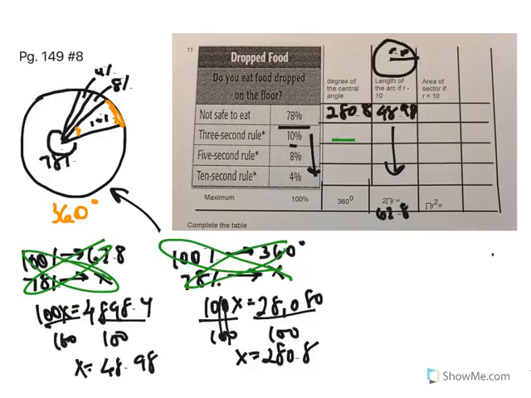Alright, so in this column, it's asking us for the area of the sector if the radius is 10. So same type of circle, radius is 10, okay? Now we need to find the maximum area, which is going to be pi r squared, the area of the whole circle, right? So pi r squared, they give us r as 10, so this is 100 pi.